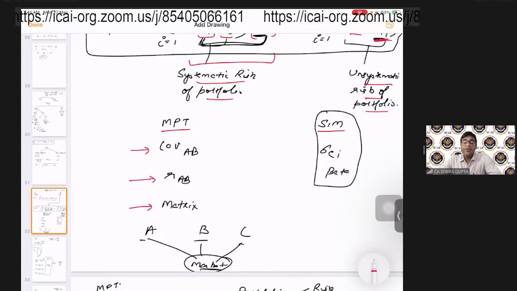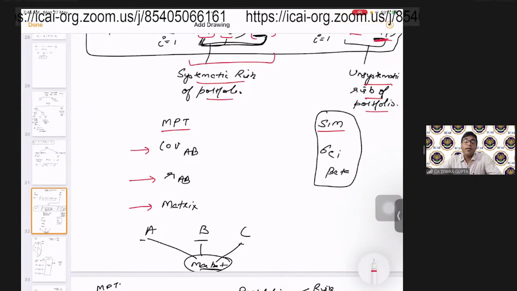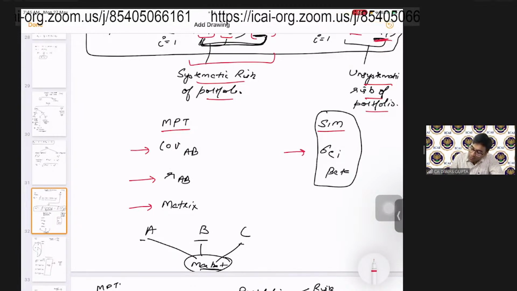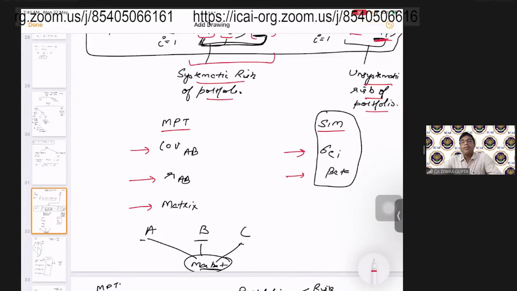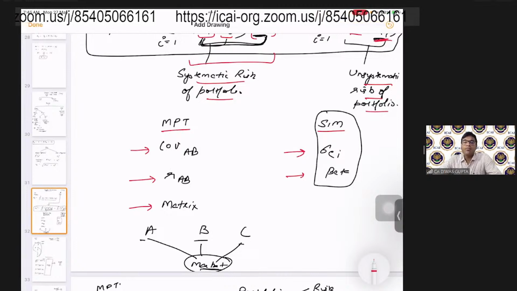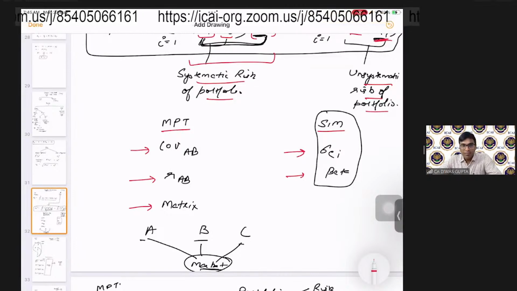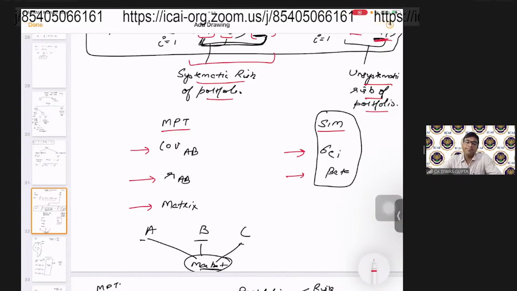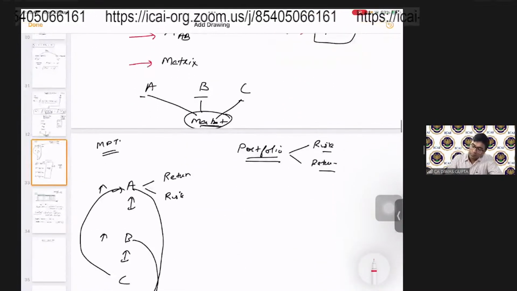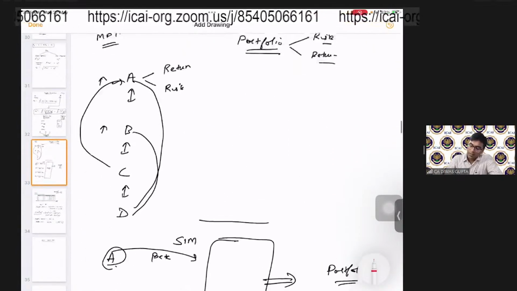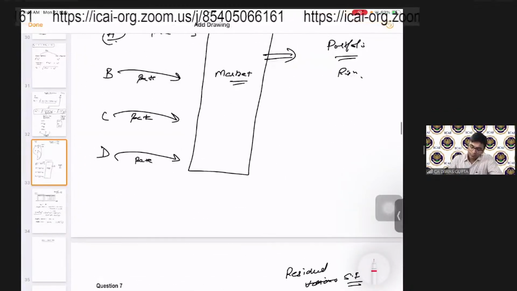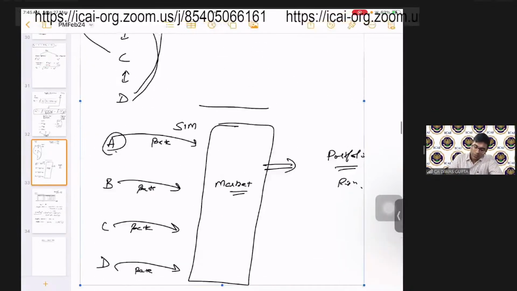On the other hand, for Sharpe's index model, it is very easy because we only need these two things. One is the standard deviation of the unsystematic part, which is the residual risk. And second one is the beta. Okay, let me just draw out.